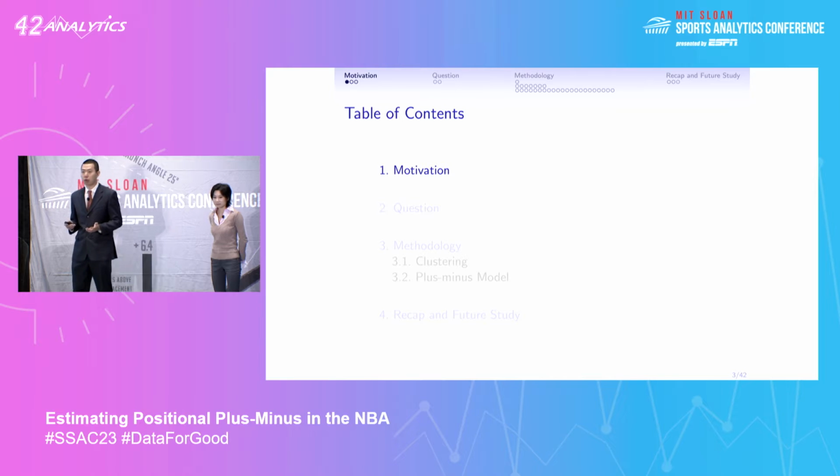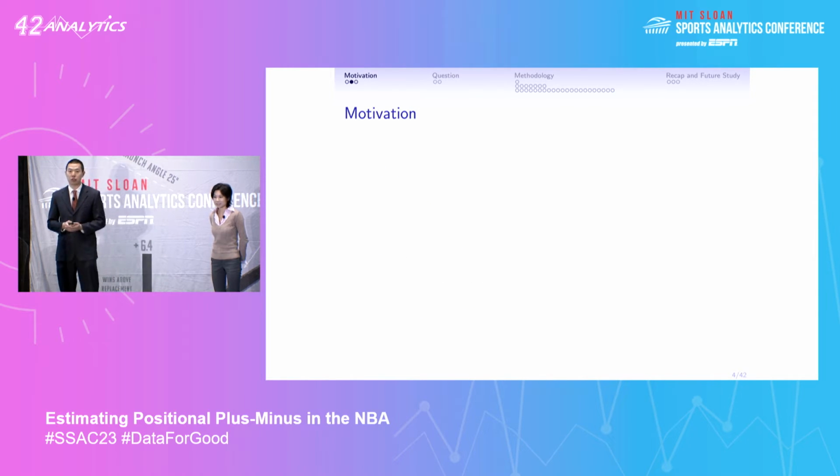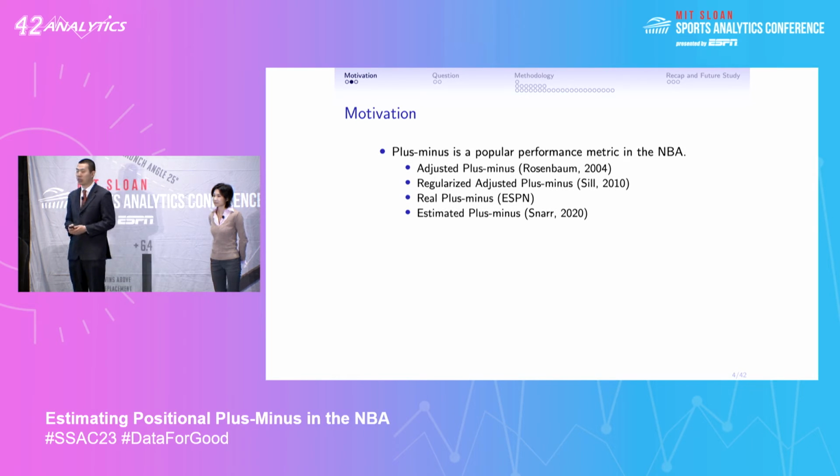So let's start with the motivation. In the field of sport analytics, knowing how to objectively evaluate player performance is always a core question. And recently, plus-minus has become one of the most popular performance metrics in the NBA and in many other sports leagues. What you see on the screen right now are some notable examples of NBA plus-minus metrics.